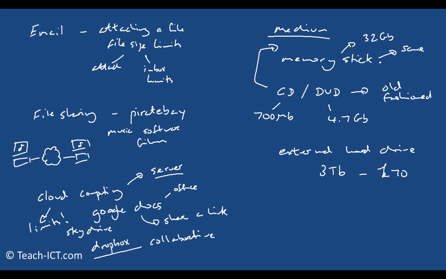You can get 64, but let's be honest about it, 32 gigabytes is roughly 100 times smaller. An external hard drive with 3 terabytes is 100 times the size of a memory stick. So those are other ways in which we can move files from point A to point B.